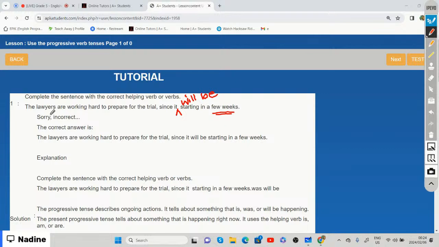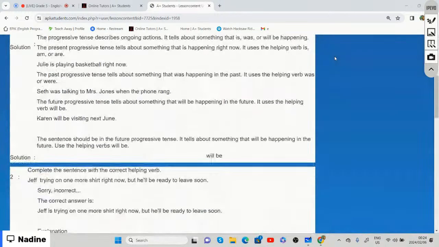So we will say the lawyers are working hard to prepare for the trial since it will be starting in a few weeks. So we're using the helping verb, which is will be, which refers to the future tense.